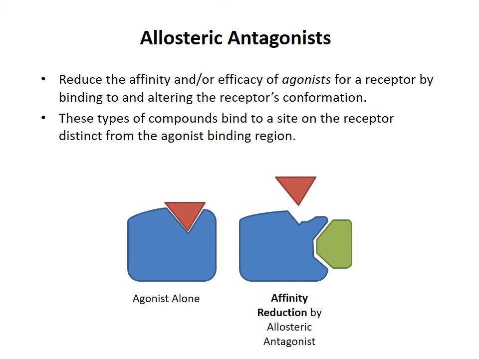If I have an allosteric antagonist, maybe I interfere with the binding site, so it still has some affinity, but not a lot, right? It's kind of a weak bond. So that would manifest as a reduced response to that agonist, right? For every molecule of agonist, you'd have a reduced response compared to normal.